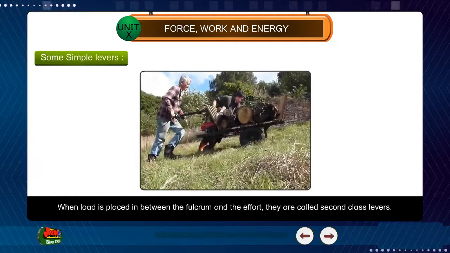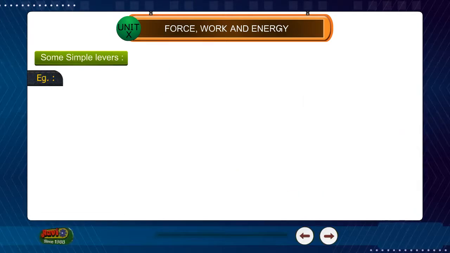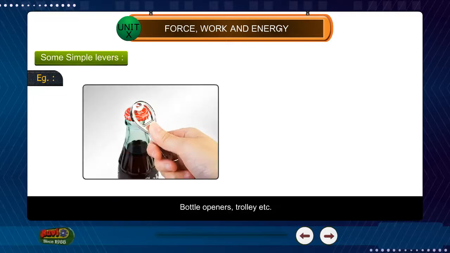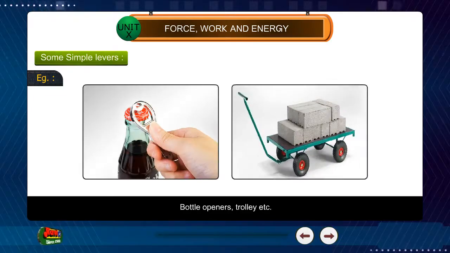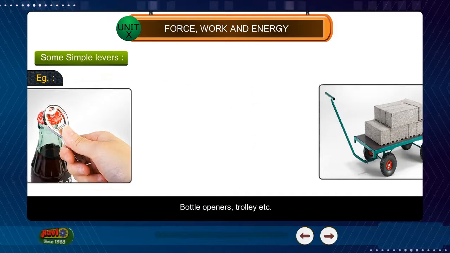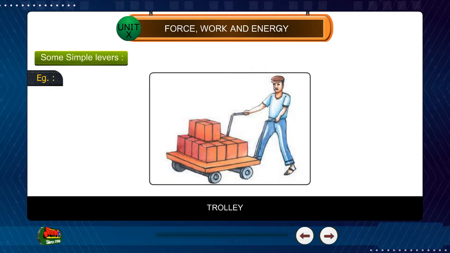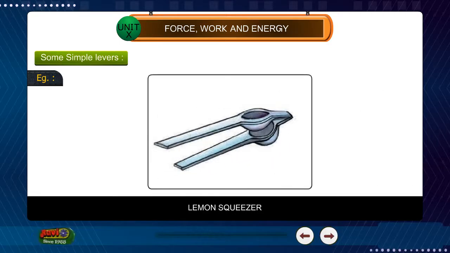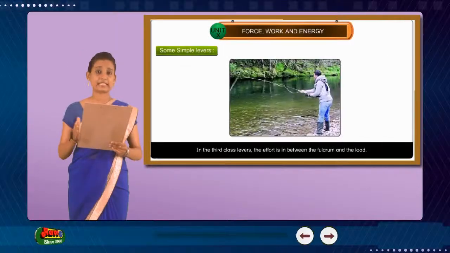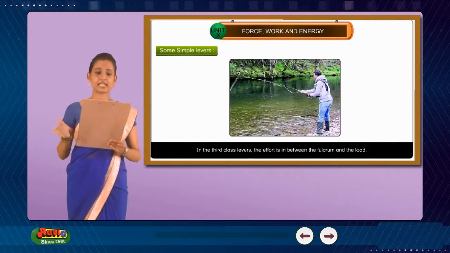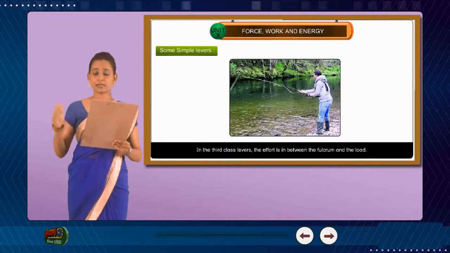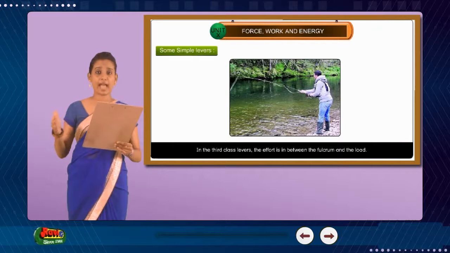When the load is placed in between the fulcrum and the effort, they are called second-class levers. Example: bottle openers, trolley, etc. Bottle opener, trolley, lemon squeezer. In the third-class levers, the effort is in between the fulcrum and the load.